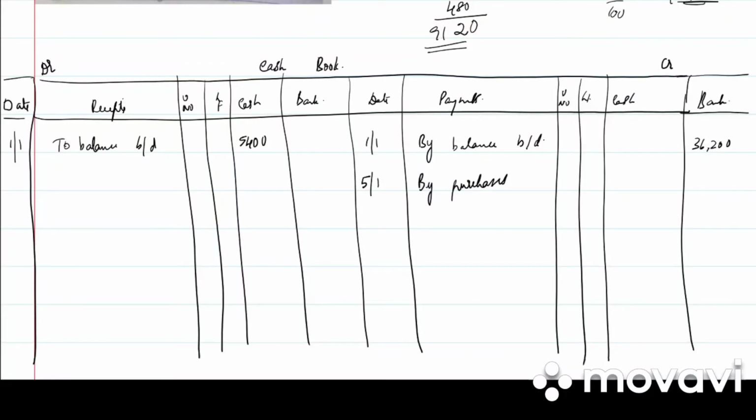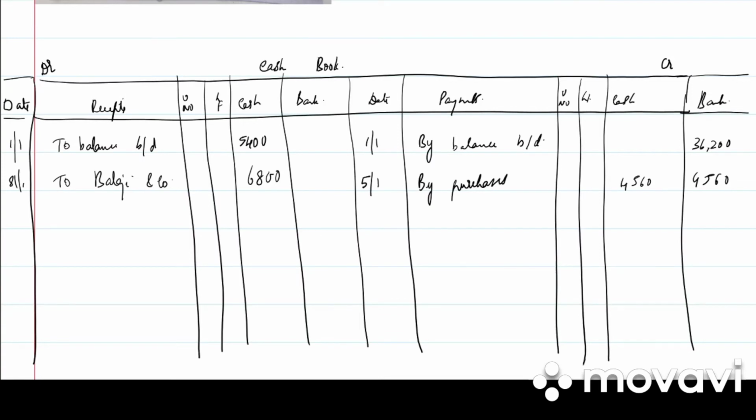It is 9,120, and out of this 9,120, 50% is by cash. So 4,560 is cash, 4,560 is bank. Okay. Next on 8th Jan, we received from Balaji. So to Balaji and Co, 6,800.